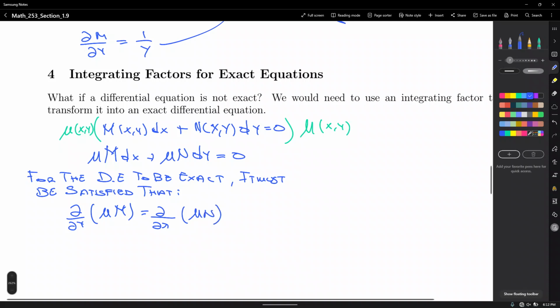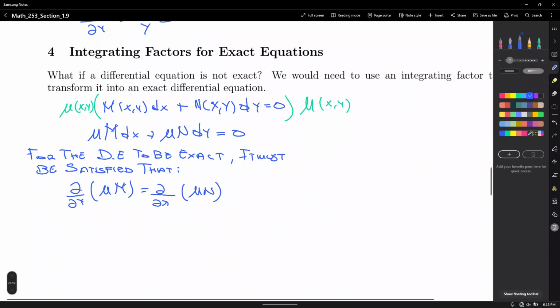All right? What is that going to be? Okay, so let's evaluate this on each side. However, all these two factors inside of the parentheses are both functions of two variables again, just so we keep it in mind. So this means we need to evaluate this using the product rule.